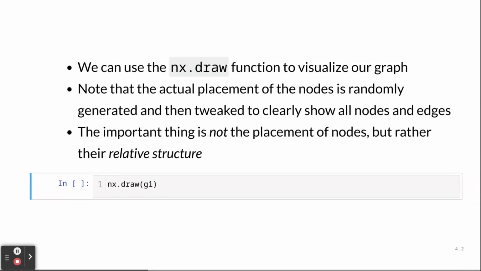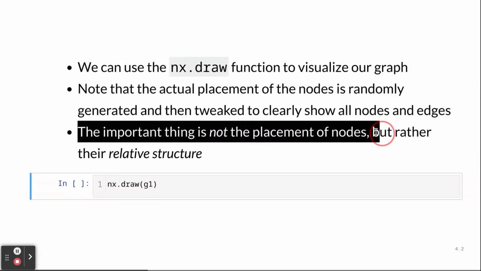It's a little bit loose the way I'm describing it, but the idea is they're going to construct randomly placed nodes in such a way that the output is maximally visible or interpretable to people like us.